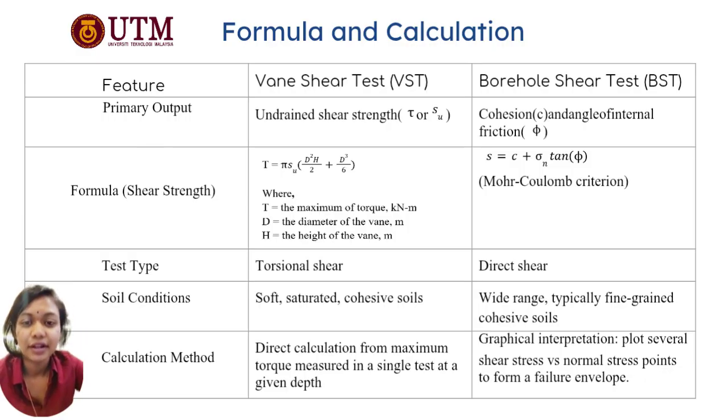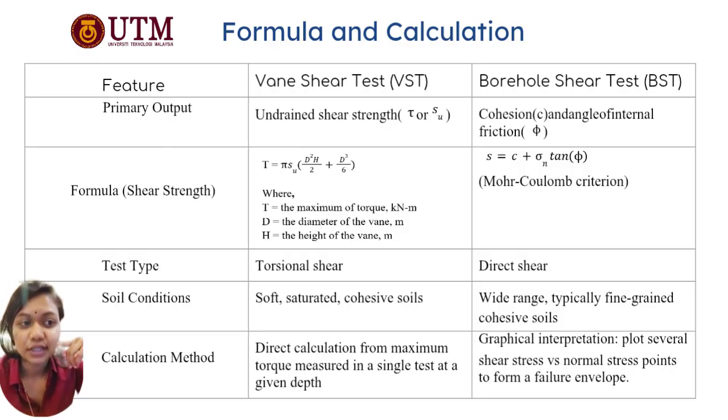As you can see there, I already differentiated the Vane and the Borehole shear tests. Next, I am going to talk about the Borehole shear test. On the other hand, it provides more detail of the soil strength characteristics because it measures two important shear parameters, cohesion and the angle of internal friction.